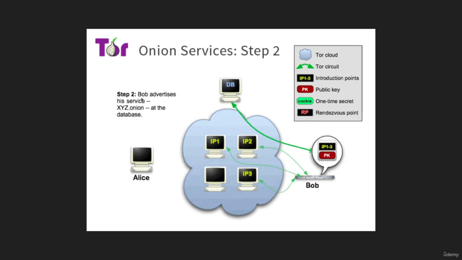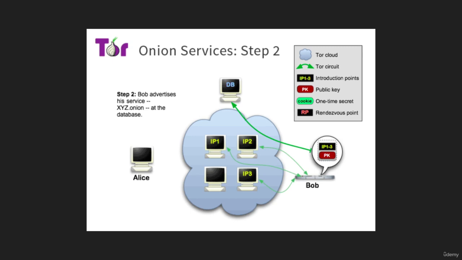Step 2. Bob advertises his service, which is xyz.onion, at the database. Here Bob assembles an onion service descriptor, as you can see, this one in the dotted square.